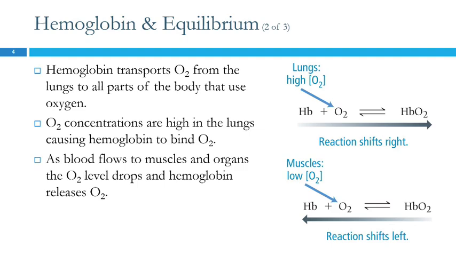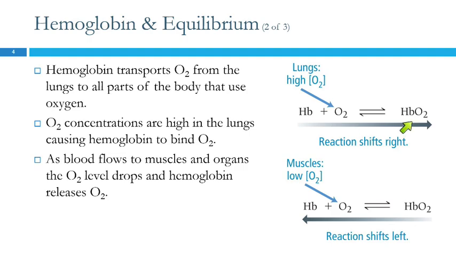This is a really cool way to deliver oxygen in your body. It picks it up in the lungs where the concentration is high. When it gets to a place where the concentration is lower, it releases it, and then as it comes back to your lungs, it can pick up more oxygen.